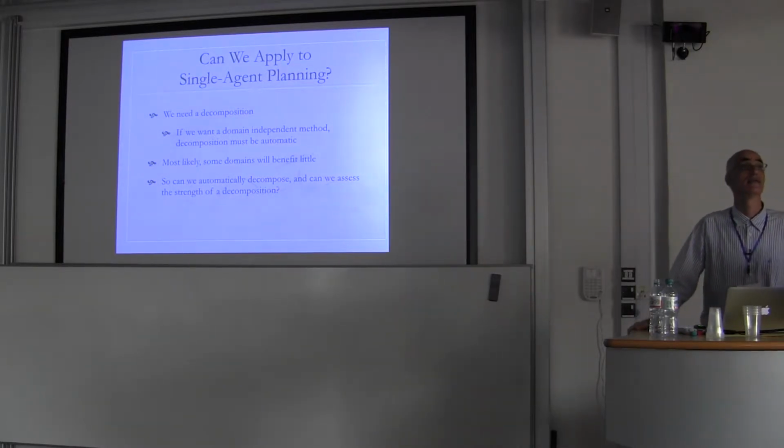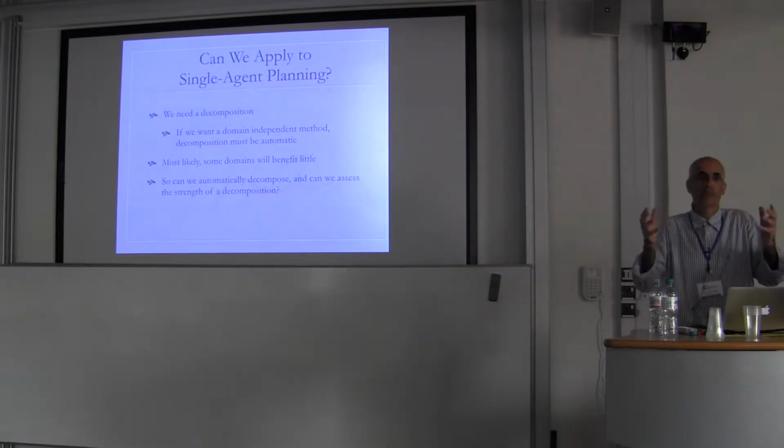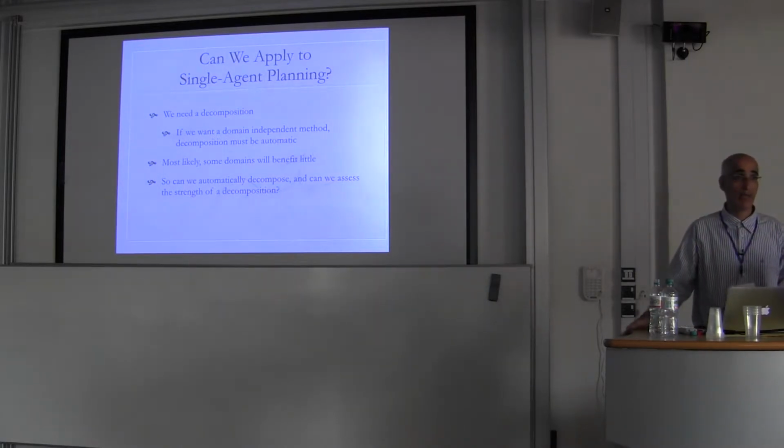Yes? The H values the agents are computing locally, is that the global H value taking into account the whole problem, or some sort of local one? So as long as we don't care about privacy, it would be the heuristic value based on the entire information.